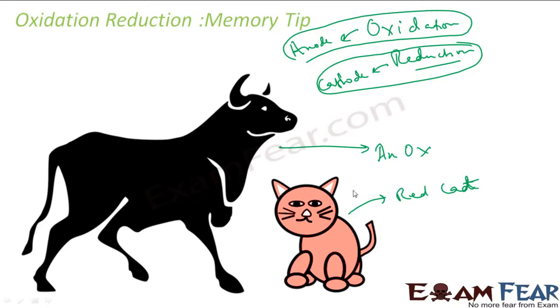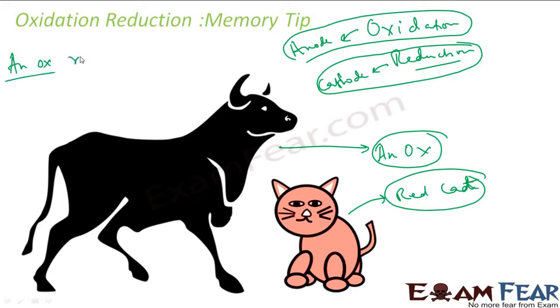The moment you think of an ox running after a red cat, or you can just remember the statement: an ox running after a red cat. Red means reduction and cat means cathode. An means anode, ox means oxidation. Correct? Reduction is cathode, anode is oxidation.